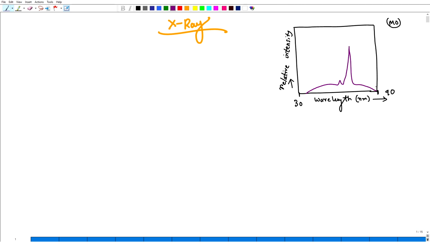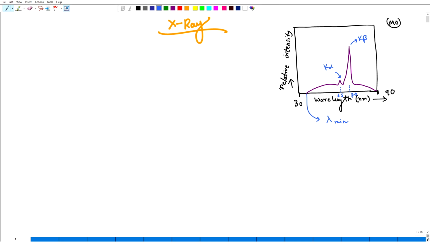This is called the K alpha peak, this is the K beta peak, around 63, 65, and this peak around 70 nanometer. And this value is actually the lambda min. So this is our total X-ray spectrum.